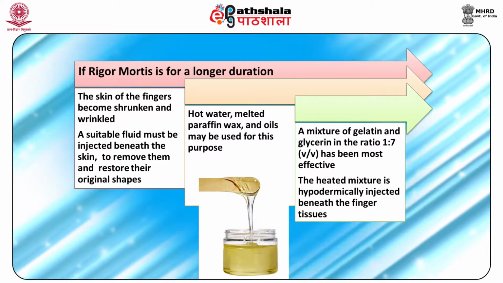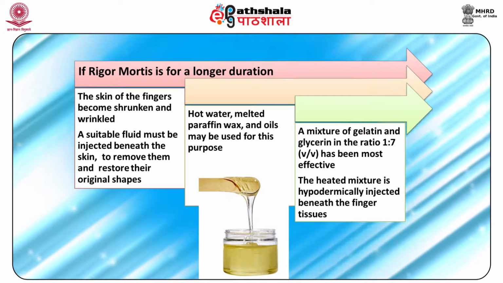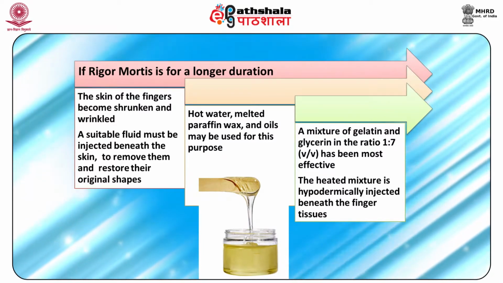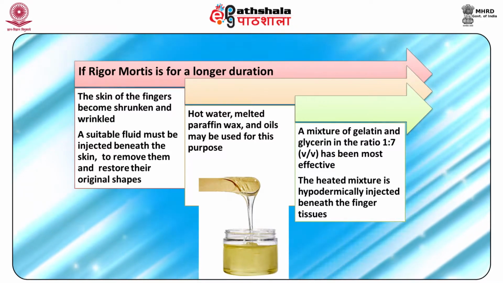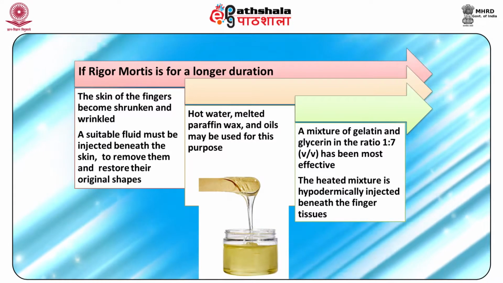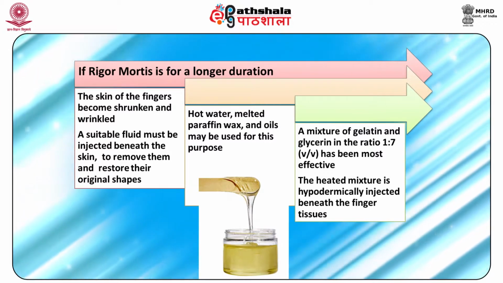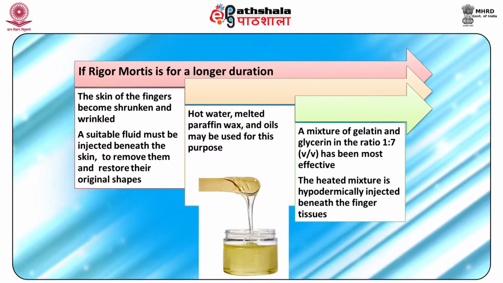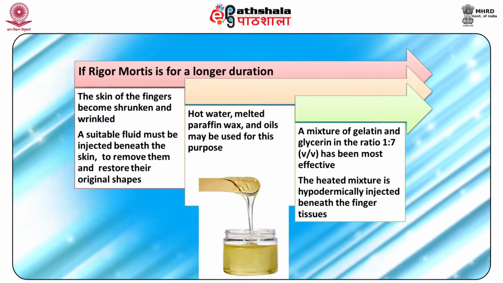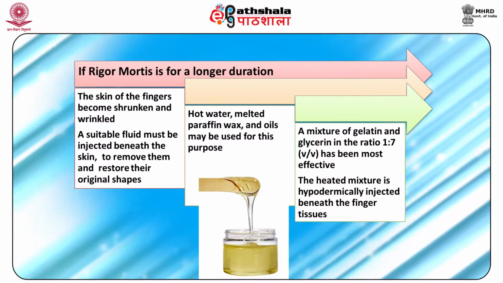Hot water, melted paraffin wax, and oils may be used for this purpose. However, a mixture of gelatin and glycerine in the ratio of 1:7 volume by volume has been found to be most effective. The heated mixture is hypodermically injected beneath the finger tissues.